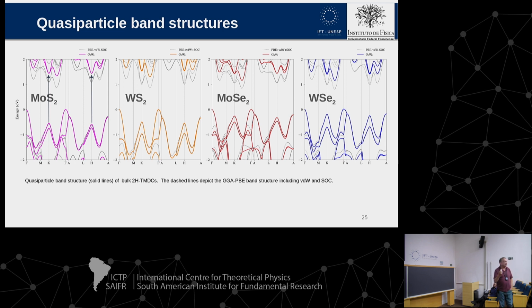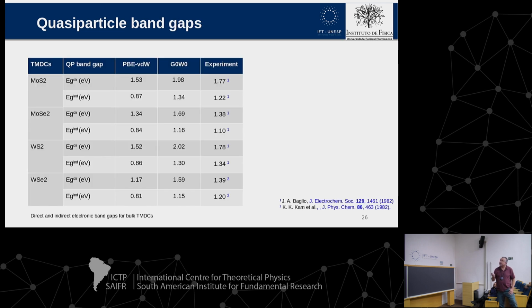So as expected, with GW we have larger and more accurate band gaps, but you also see that it's almost a rigid shift, but not exactly a rigid shift. So there is some difference in the electronic structure when you do the many-body perturbation calculations. So here we have the band gap.